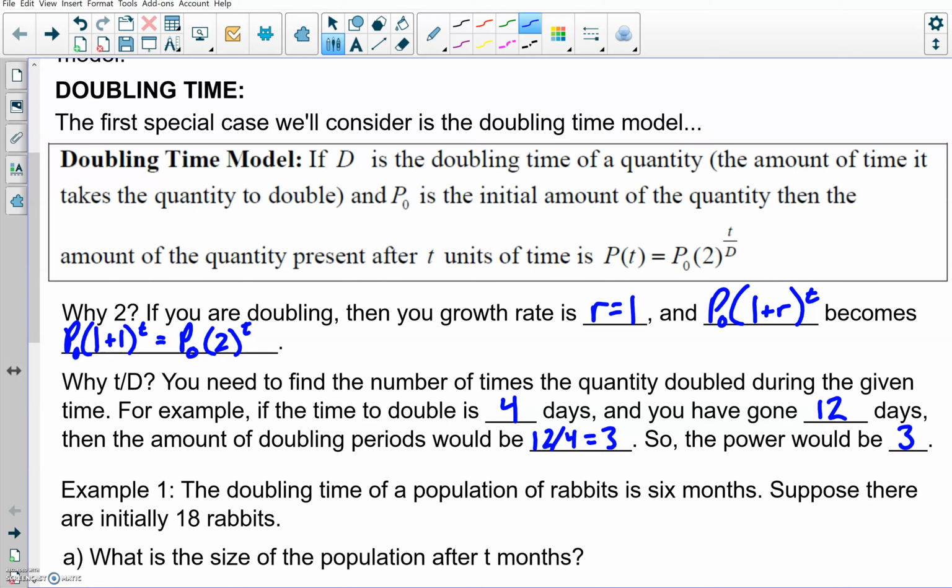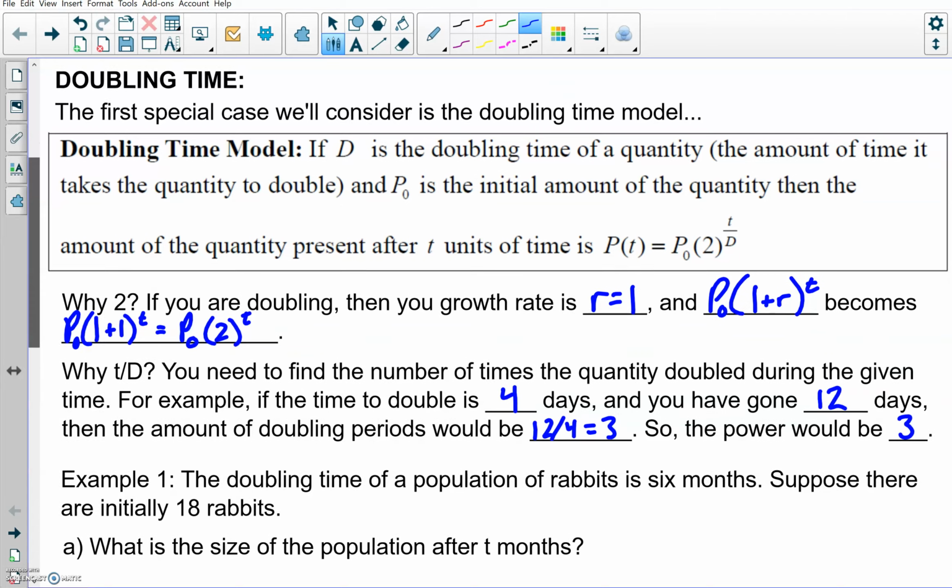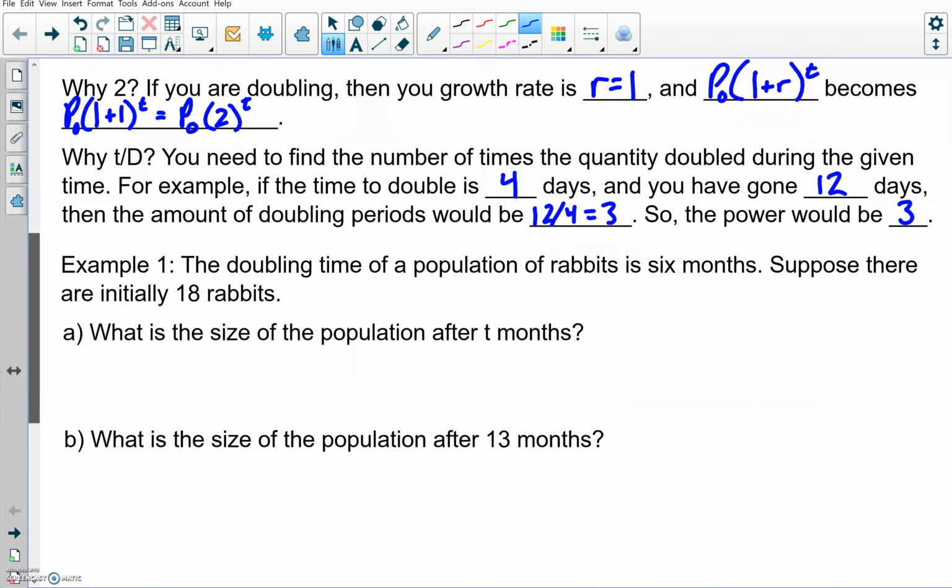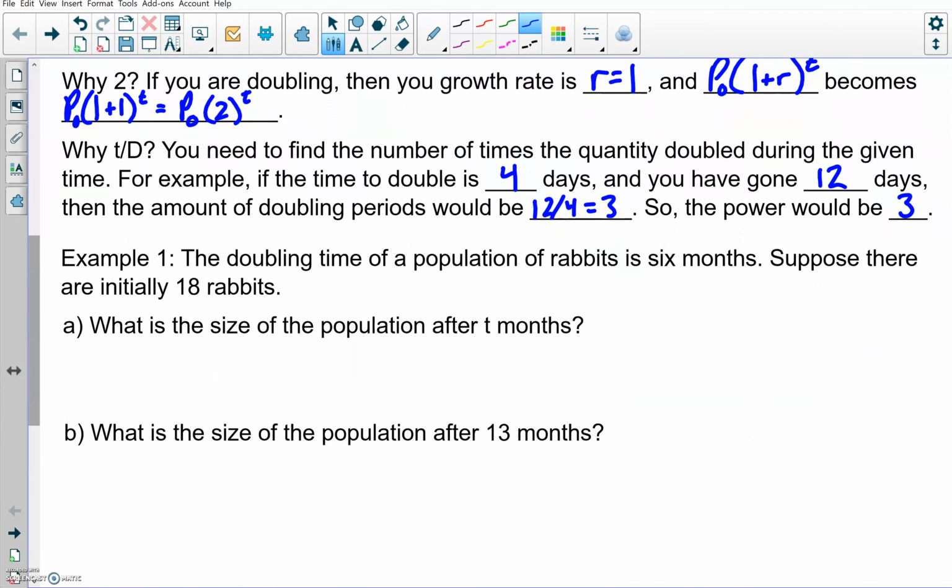But that didn't really happen in 12 days because it takes 4 days for each doubling period. So you really only doubled 3 times, and that's why you only want that power of 2 to be 3. So that's why they divide by that D in order to adjust the time so that you know the doubling periods, how many times you should be multiplying by 2.